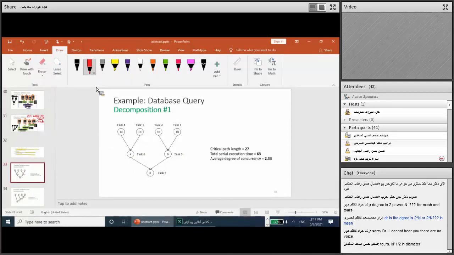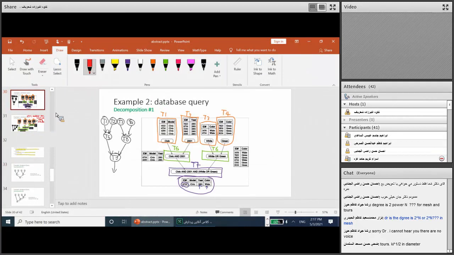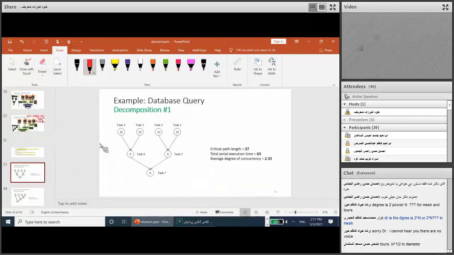Okay. This is the task dependency graph of this example that we computed in the previous lecture. We have 7 tasks.